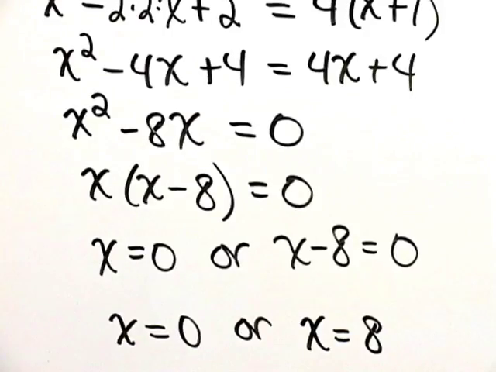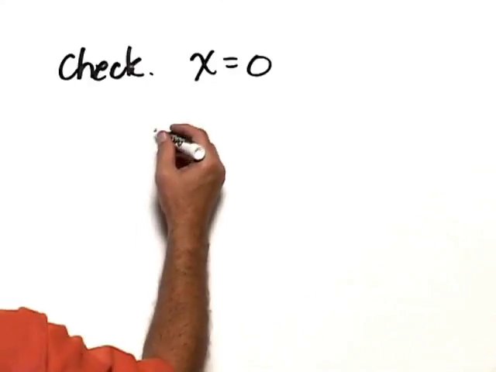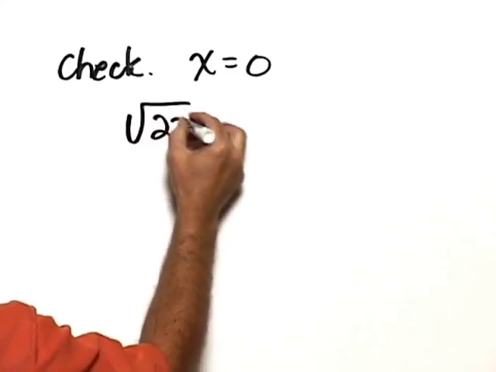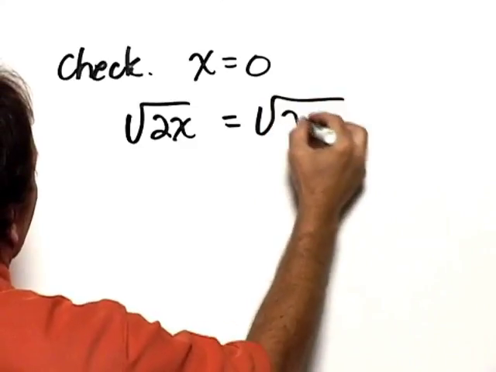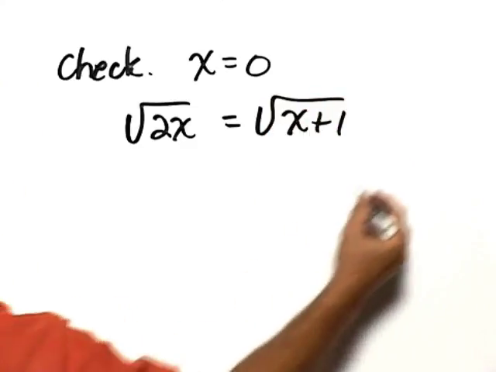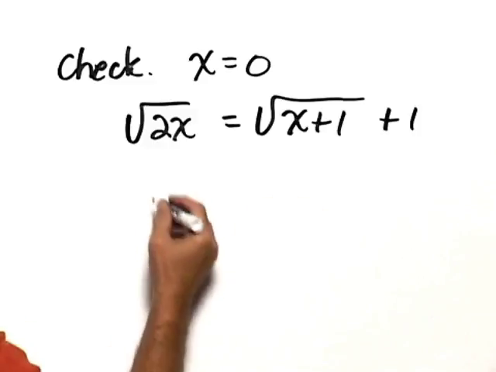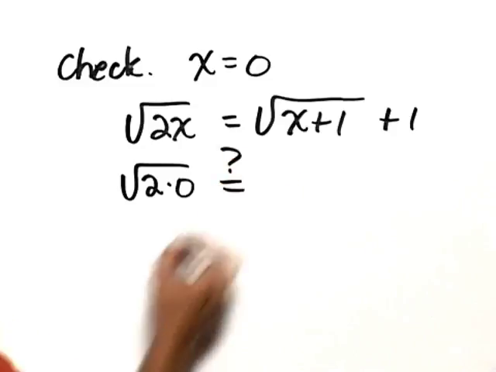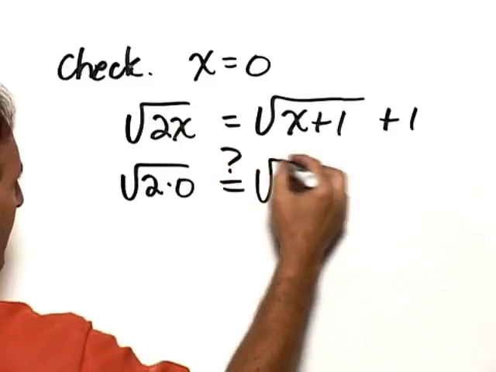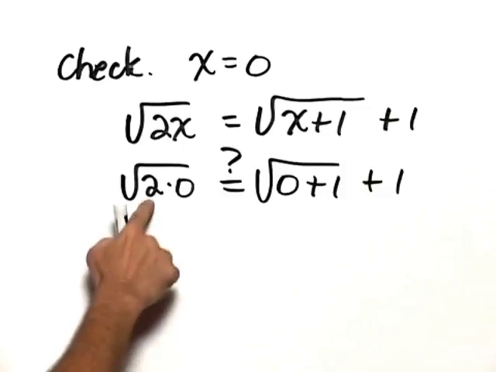So let's do that. We'll start with checking x equals 0. We need to substitute that into the original equation, which is the square root of 2x equals the square root of x plus 1 plus 1. Substituting in 0, we have the square root of 2 times 0 equals question mark, the square root of 0 plus 1 plus 1. 2 times 0 is 0.